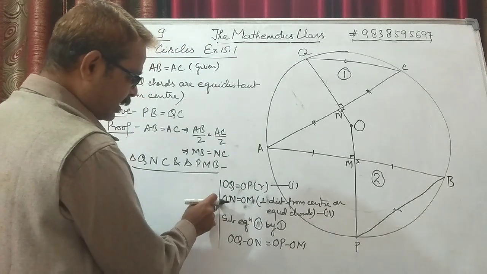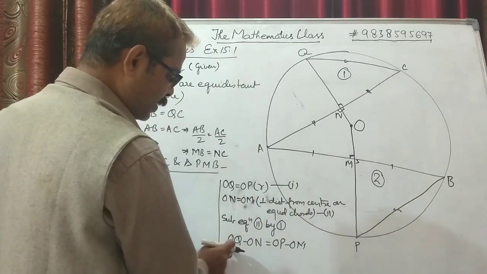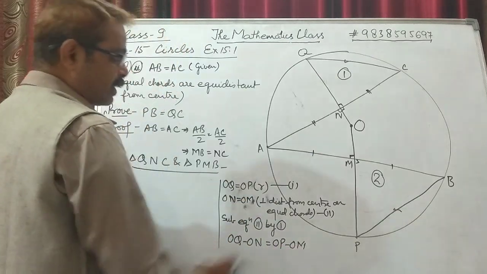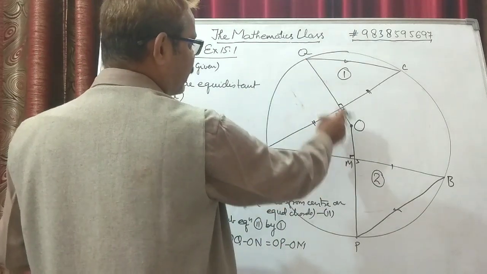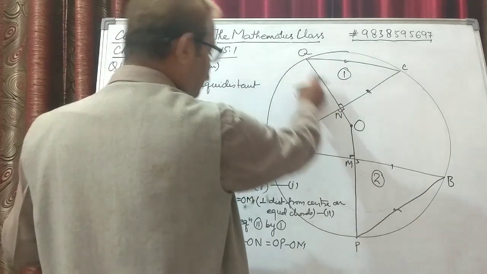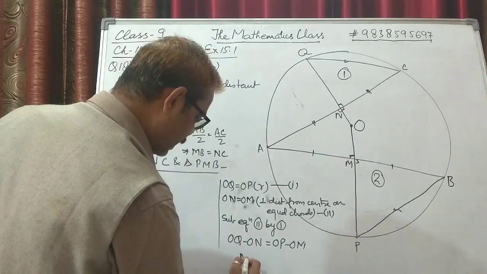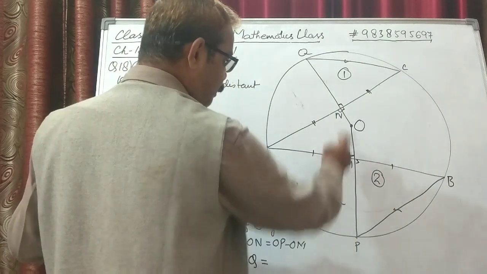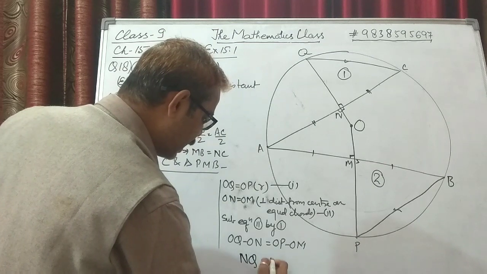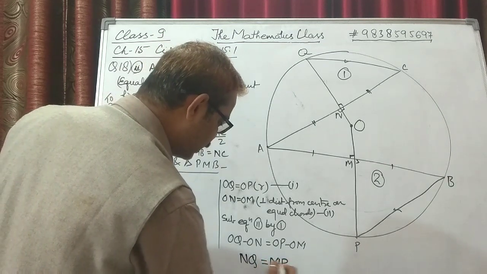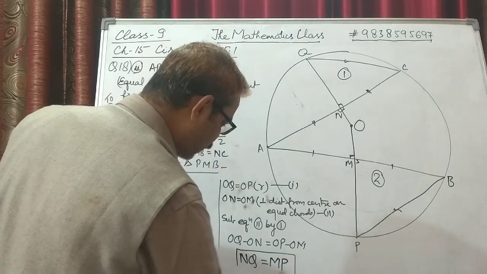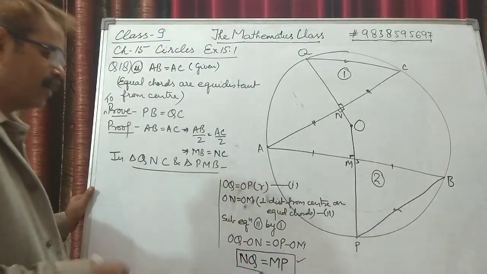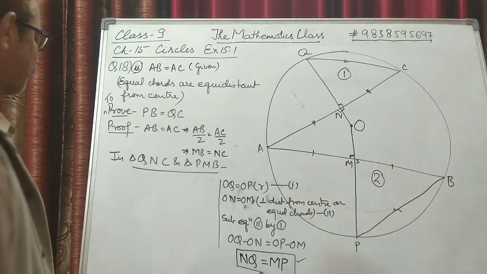From left hand side I am subtracting left hand side, so OQ minus ON, and OP minus OM. Now look in the diagram, OQ minus ON will give you NQ. So here I can write NQ is equal to OP minus OM, which will give you MP, and this proof will be required in the main proof. So this is one thing that we required. That is why I have shown the explanation.